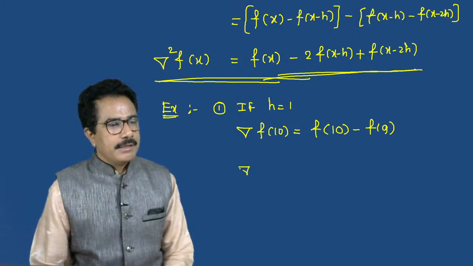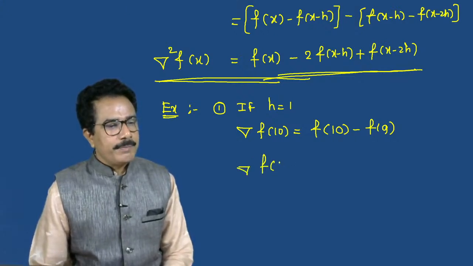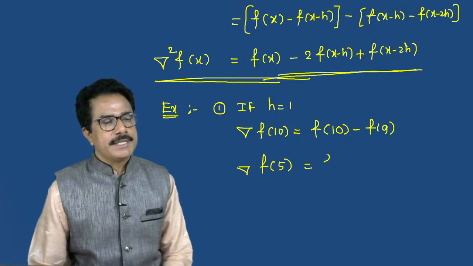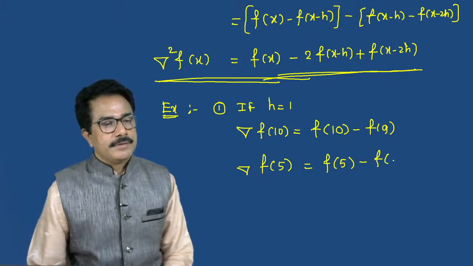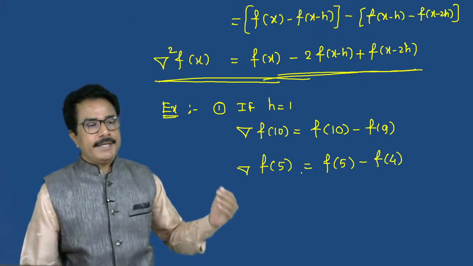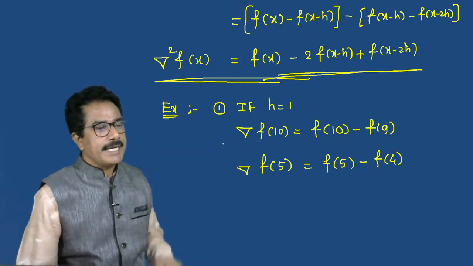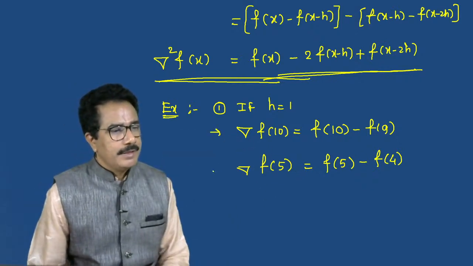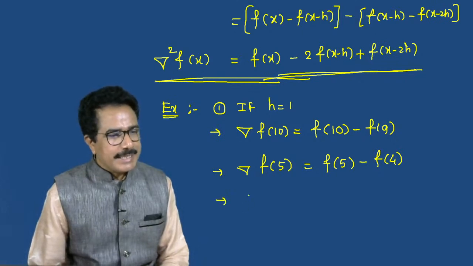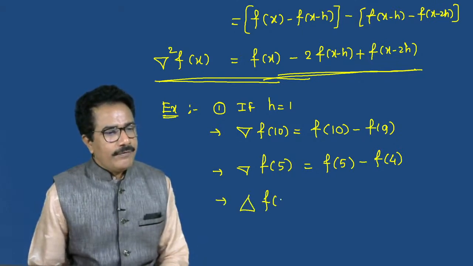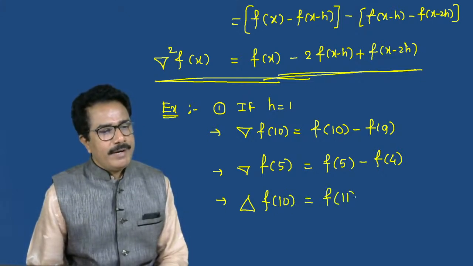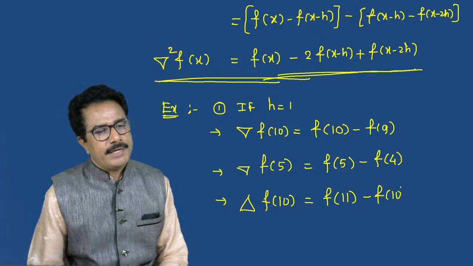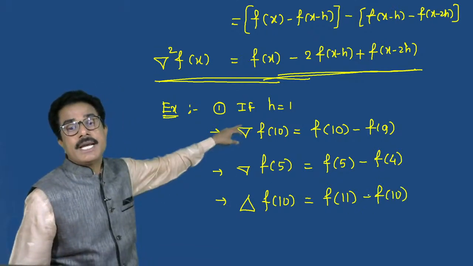Similarly, del f of 5 can be written as f of 5 minus f of 4. Do you see the difference between del and delta? If it is for delta, then delta f of 10 is f of 11 minus f of 10. This is delta, and this is del.